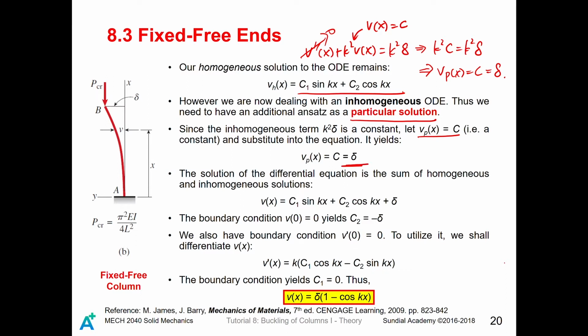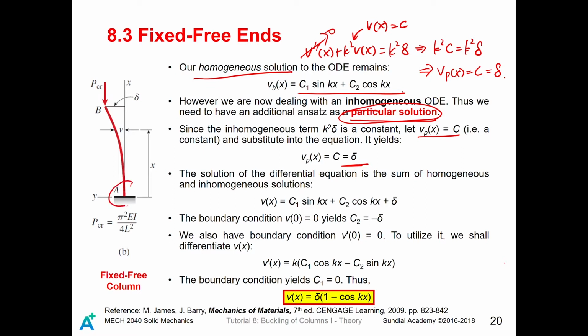Okay, so next, we can get the general solution of this differential equation by summing up the homogeneous solution and the particular solution together. This portion is just the homogeneous solution, solved by assuming that this ODE is homogeneous. Also, we have the particular solution, which is delta, and we just directly add it. Okay, so the boundary condition now comes into our consideration.